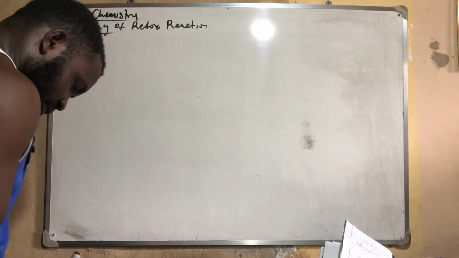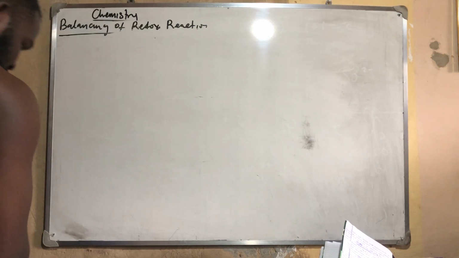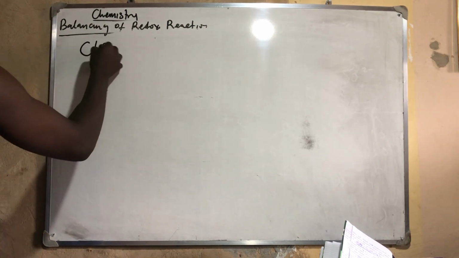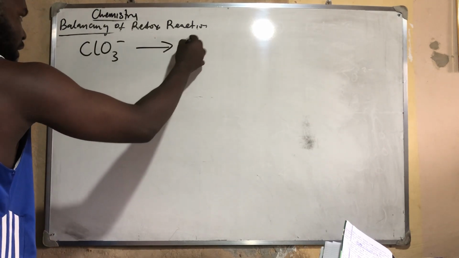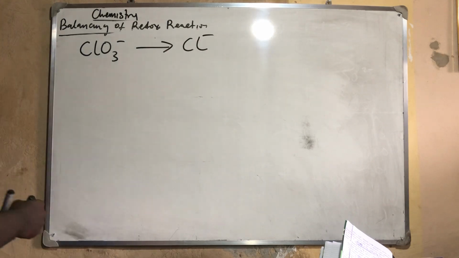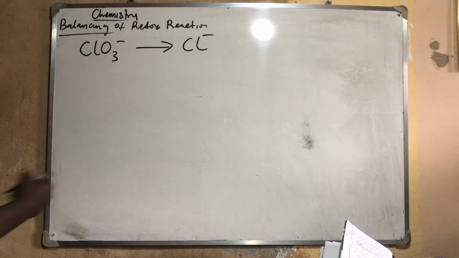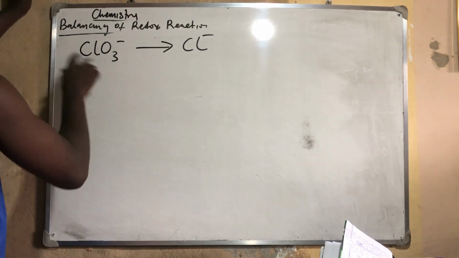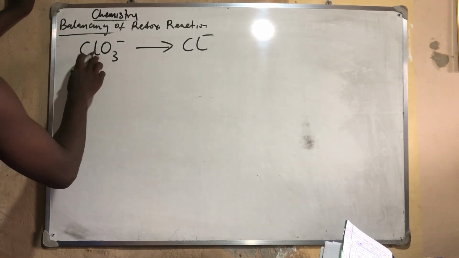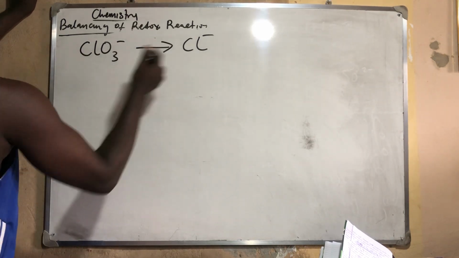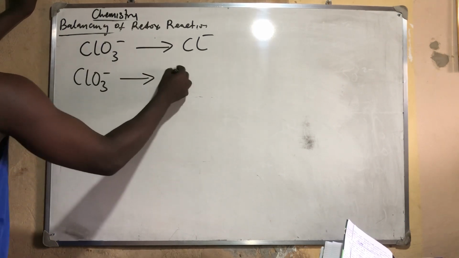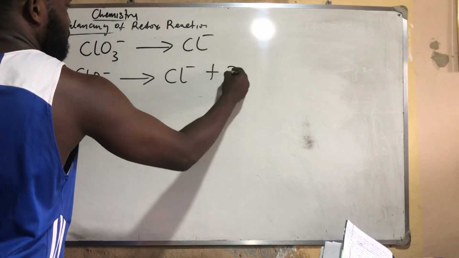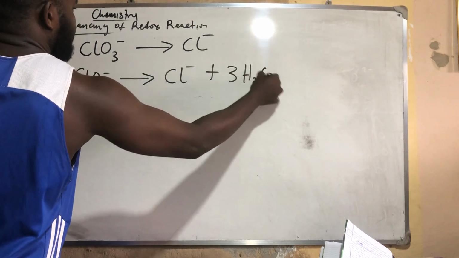All right, so let's move to the next one. The next one, they gave us ClO3 minus to give Cl minus. All right, the same method, it doesn't change. The first thing to do is to add water to the side that does not have oxygen, and this side oxygen here is 3, bigger than this, so I have ClO3 minus to give us Cl minus plus 3 molecules of water.